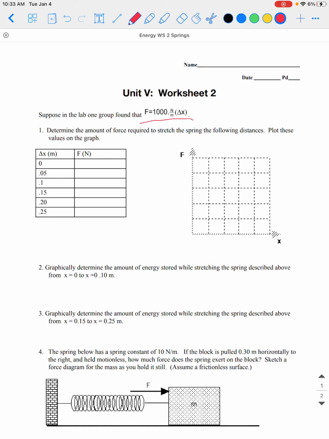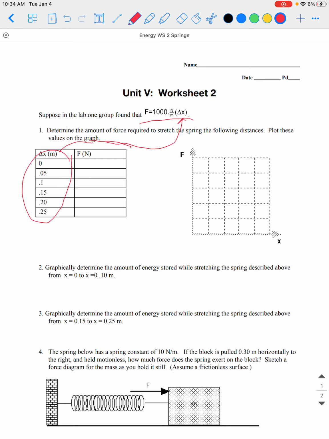So you're determining the amount of force given that the stretch, the delta x, is 0, 0.05, 0.1, etc. meters. This is pretty easy to do. You're going to take these values, and since it's your delta x, you plug it into that delta x part of your equation.